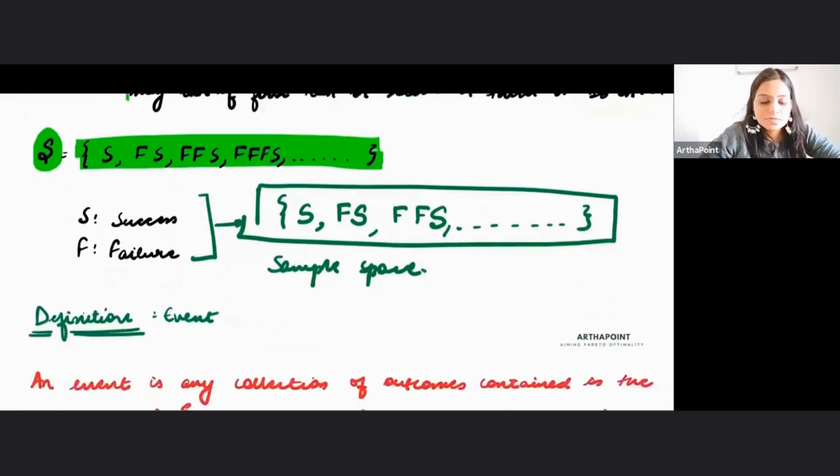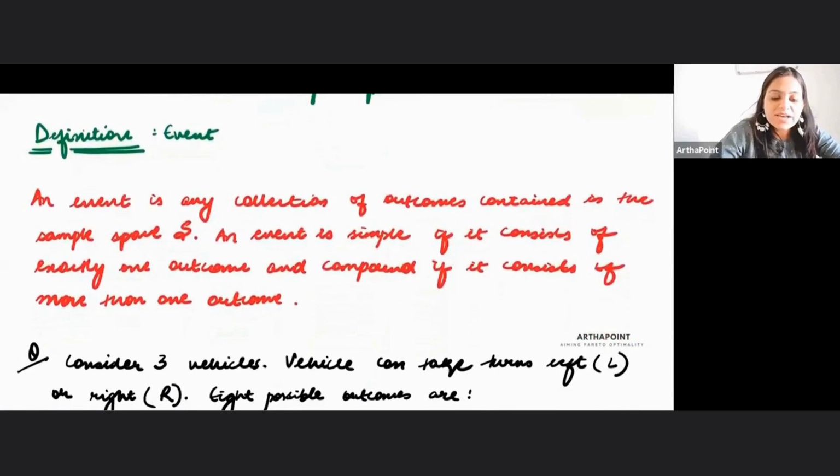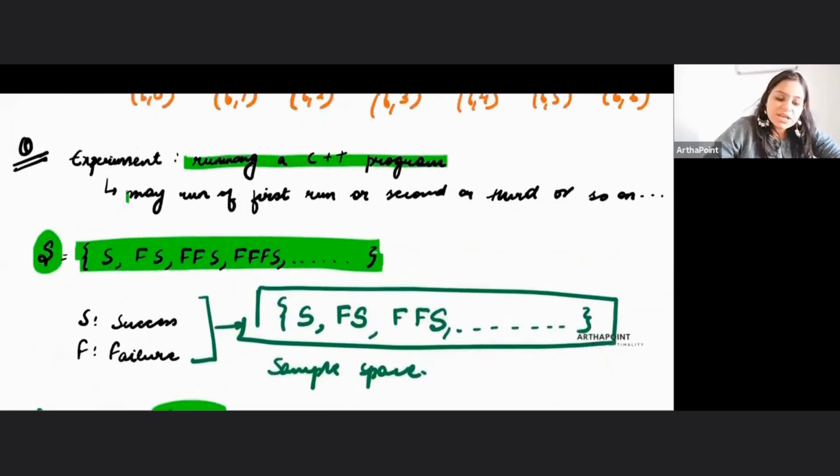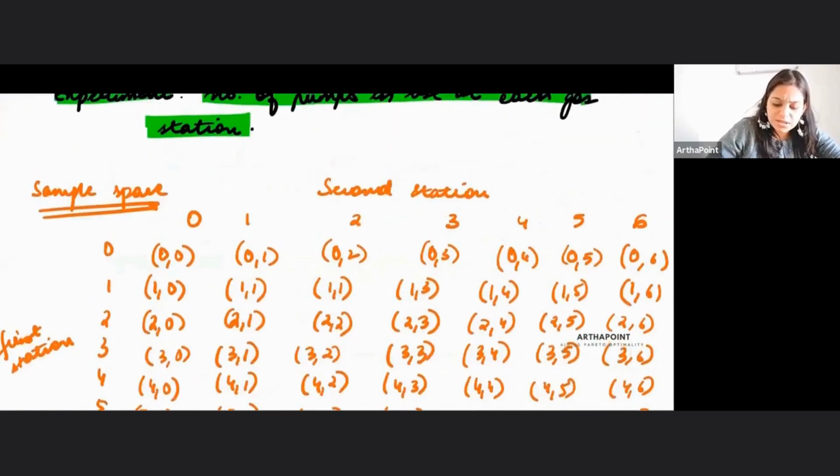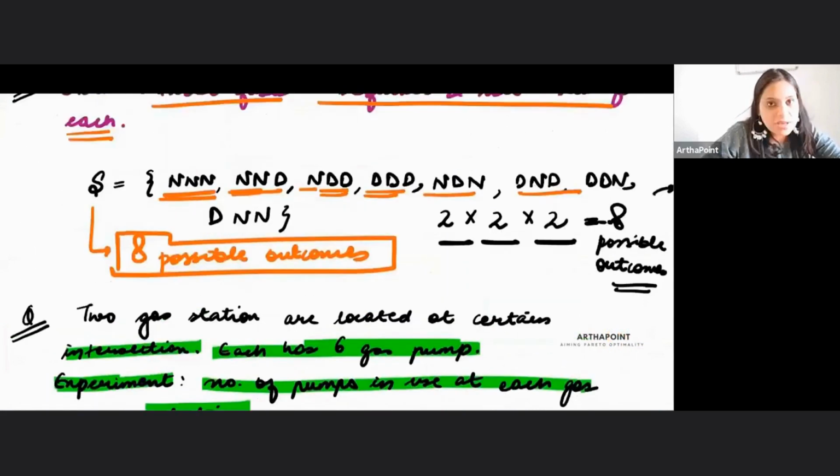Okay. Now, let's define the next thing, which is known as an event. Please understand, a sample space is all possible outcomes. An event is only a few of those possible outcomes depending on what you desire. For example, let's go back to the basic thing. This is my sample space, that it can be male or female.